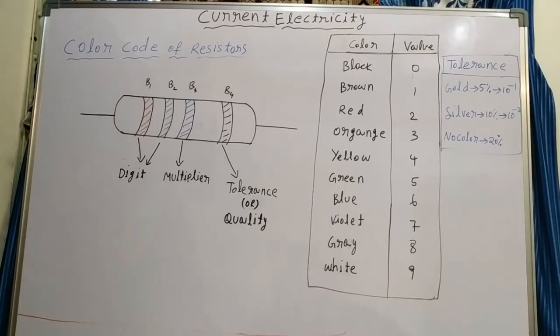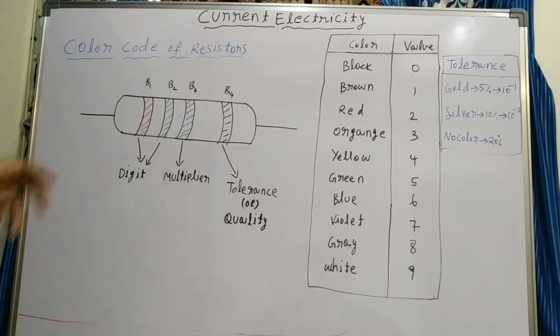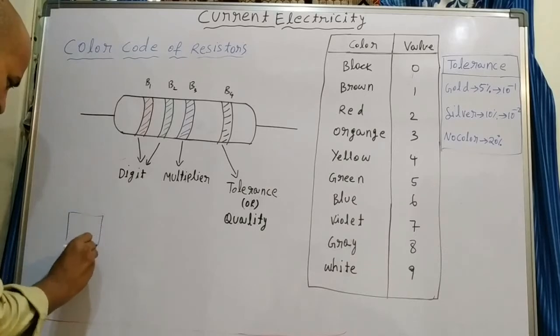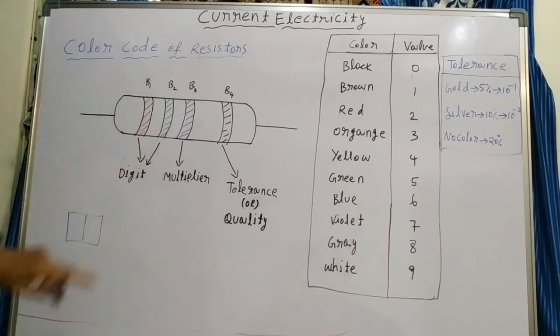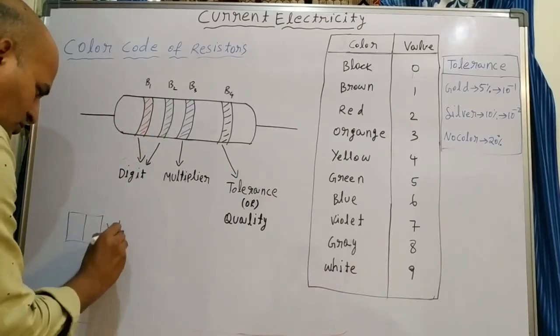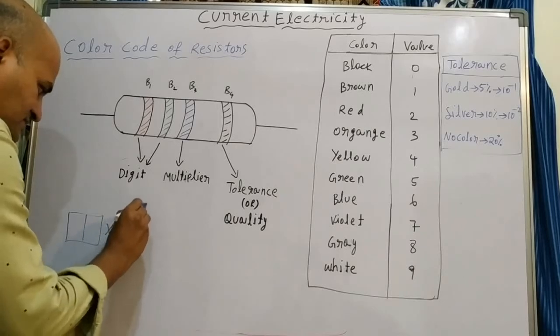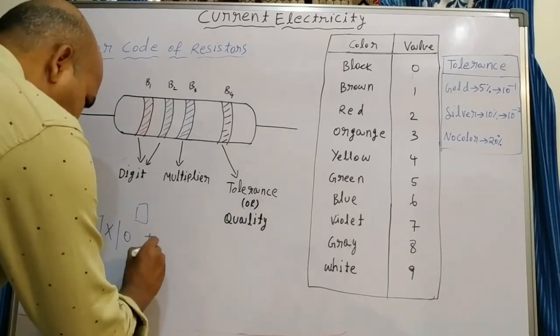Suppose you want to write the value of a resistance. You can take a standard format, 2 boxes. These 2 boxes represent the value of the first 2 bands, into 10 power, and this box represents the value of the 3rd band, plus or minus.